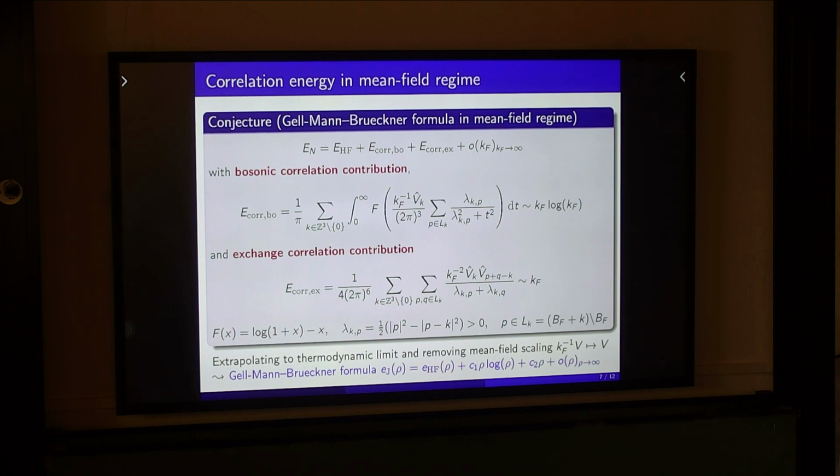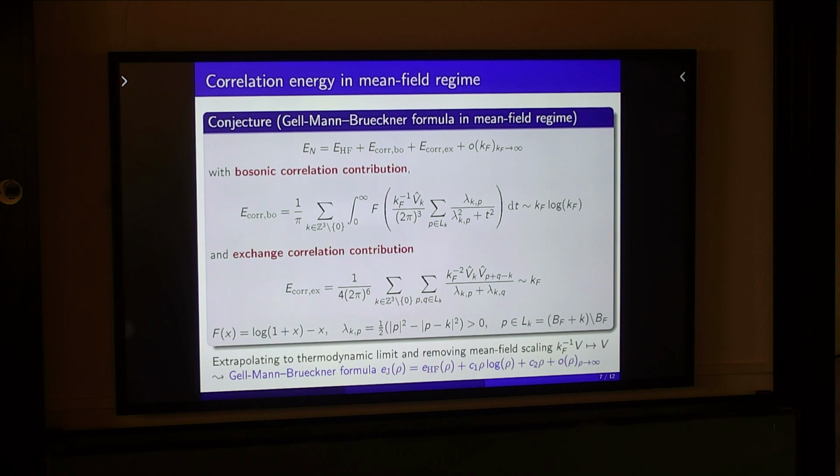I just want to tell you now. So if you don't look at the unit box and make an infinite volume limit, then from the integration in P and Q, you would get something for small k, you get here a k square, and then you have another basically k here.